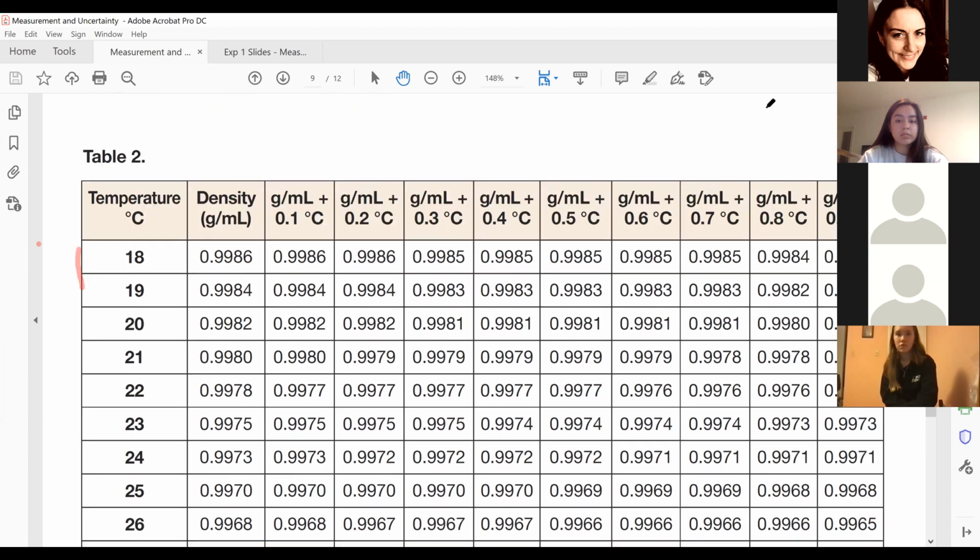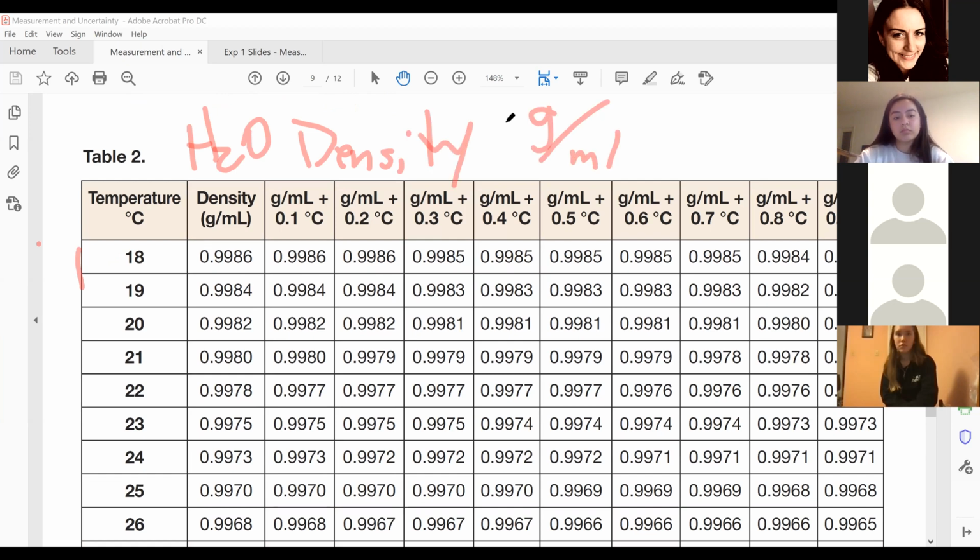This is what the water density is at different temperatures. So H2O density in grams over milliliters. So we pretty much always say that the density of water is around 1 gram per mil. Well, it is. It's around 1 gram per mil, but it isn't exactly 1 gram per mil.